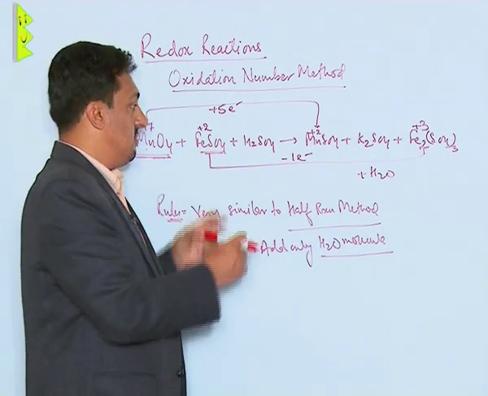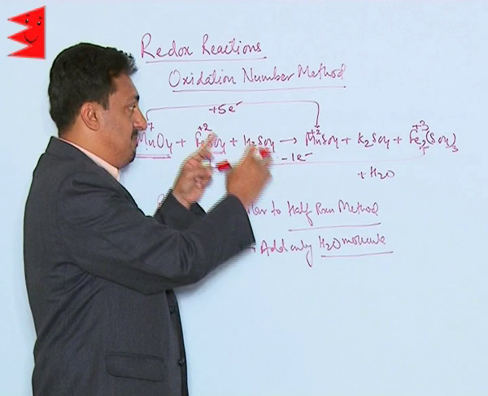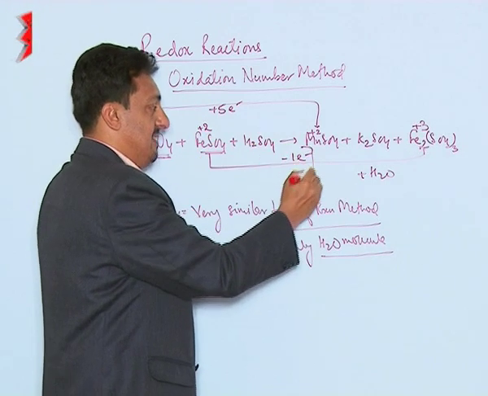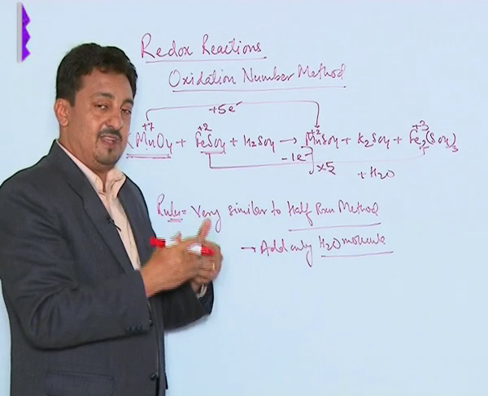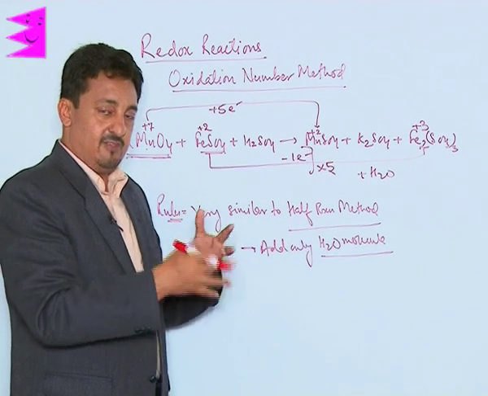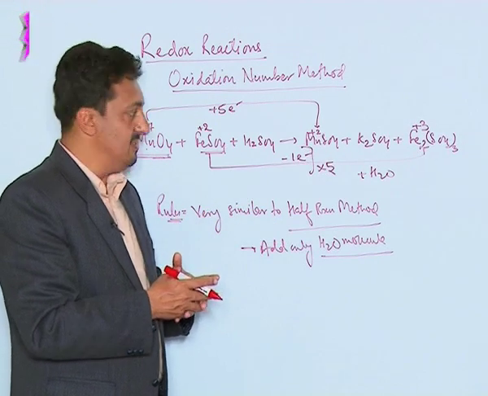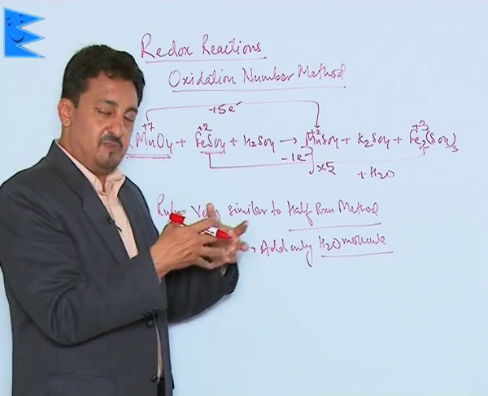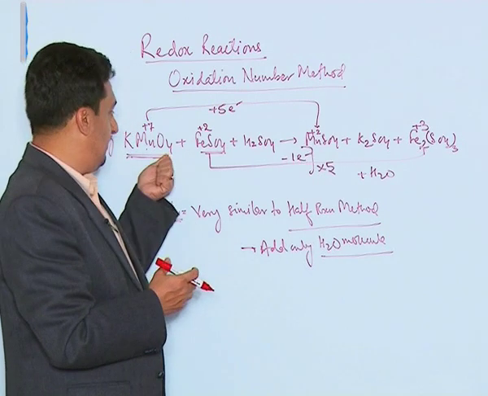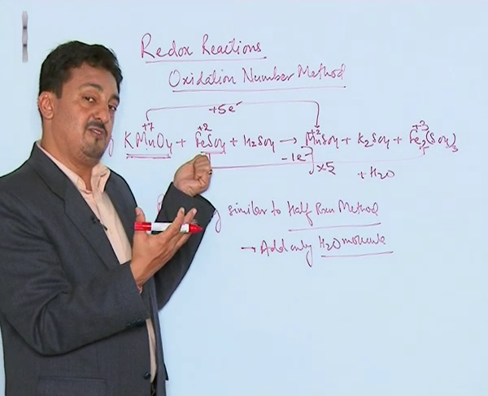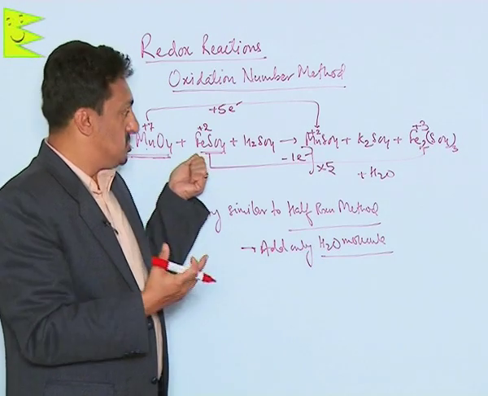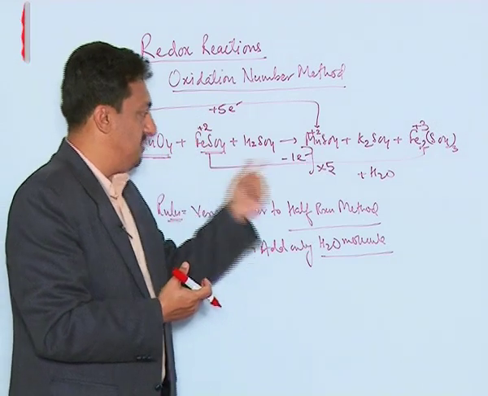In order to balance them, we multiply so that the number of electrons lost or accepted becomes the same. Since it needs 5 electrons, there have to be 5 molecules of ferrous sulfate so that 5 electrons are lost. So we simply multiply this by 5.